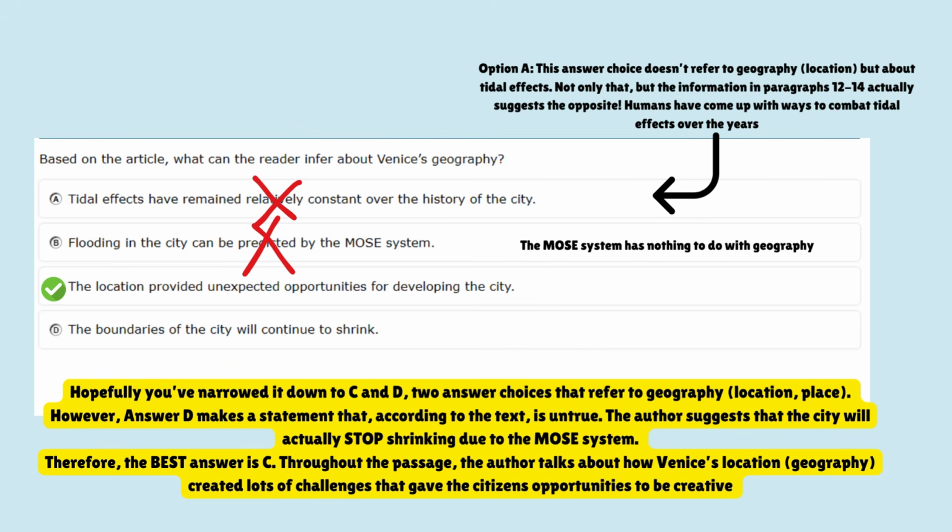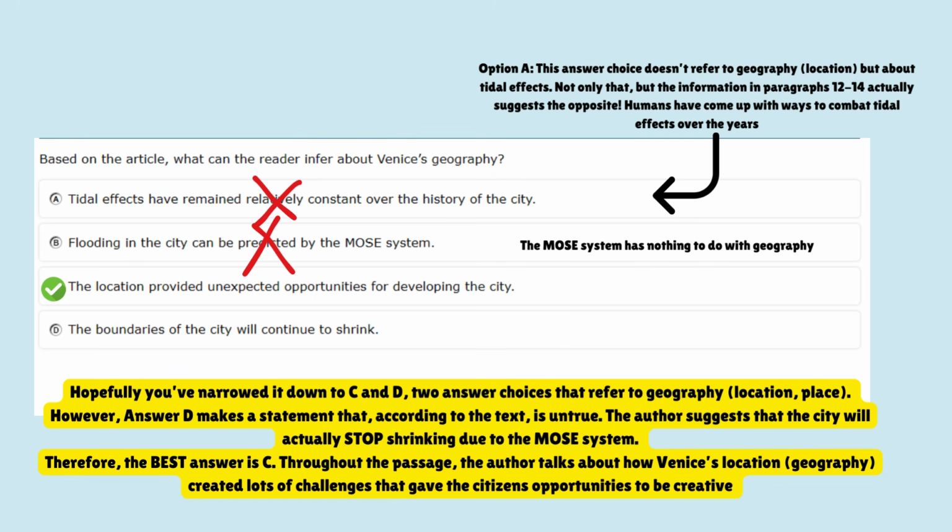Not only that, but the information in paragraphs 12 through 14 actually contradicts what A is saying. A is saying that the tidal effects have remained constant over the history of the city. But if you go back in the passage and reread paragraphs 12 through 14, it actually says that humans have come up with ways to combat tidal effects over the years.